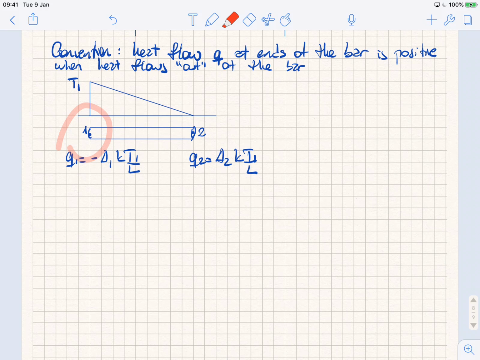So it's a bit tricky to figure out, but once you do this plot and then you see where heat is flowing, if we want that convention, that heat, if it is flowing out of the bar, it has to remain positive. That's what's going to give you the right sign to that term for the boundary condition.